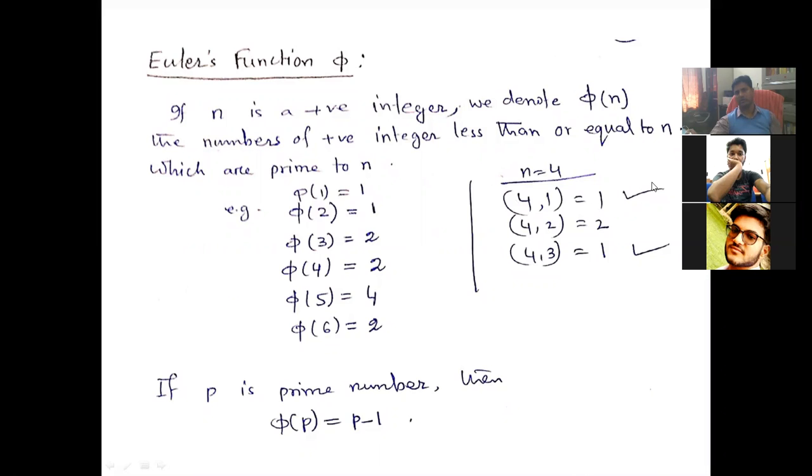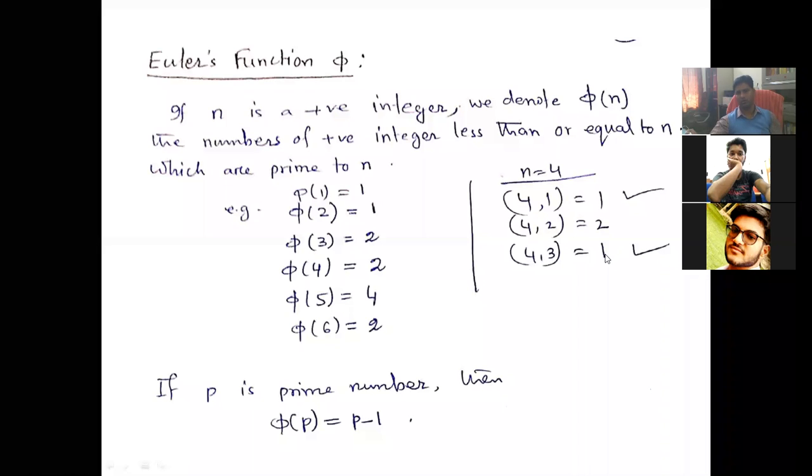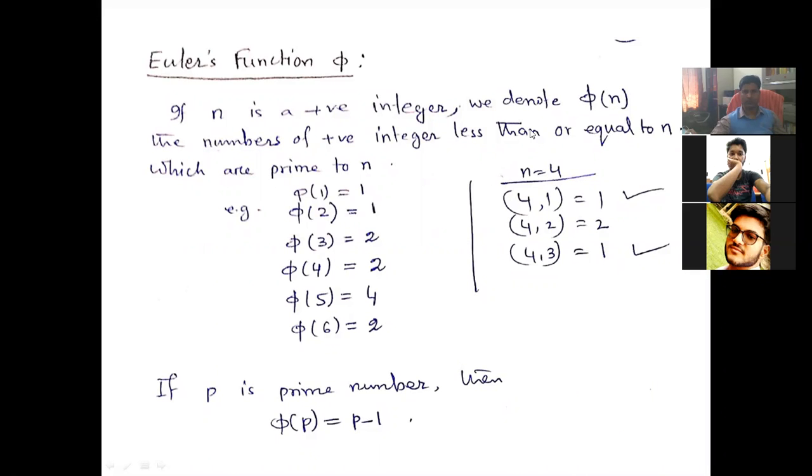Only we will count the numbers with GCD 1. 4 and 3, GCD 1. So only two numbers are relatively prime to 4: 1 and 3.